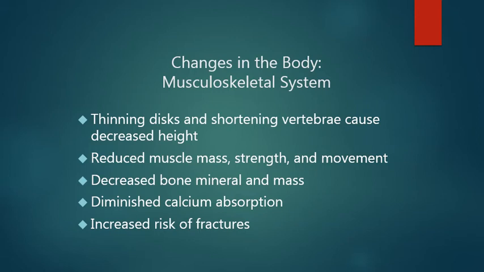So let's look at the changes in the musculoskeletal system. Normal changes of aging for agriculture workers are thinning discs and shortened vertebrae that cause decreased height. We've already talked about reduced muscle mass, which is affecting their strength and mobility, decreased bone mineral and mass, diminished calcium absorption, and increased risk of fractures.